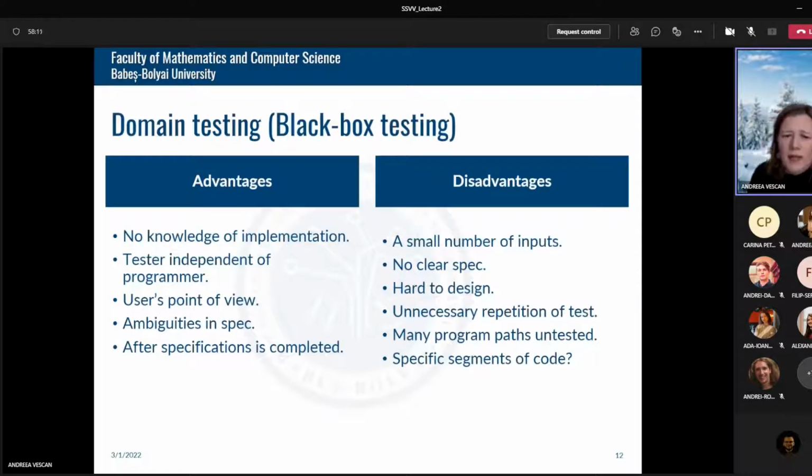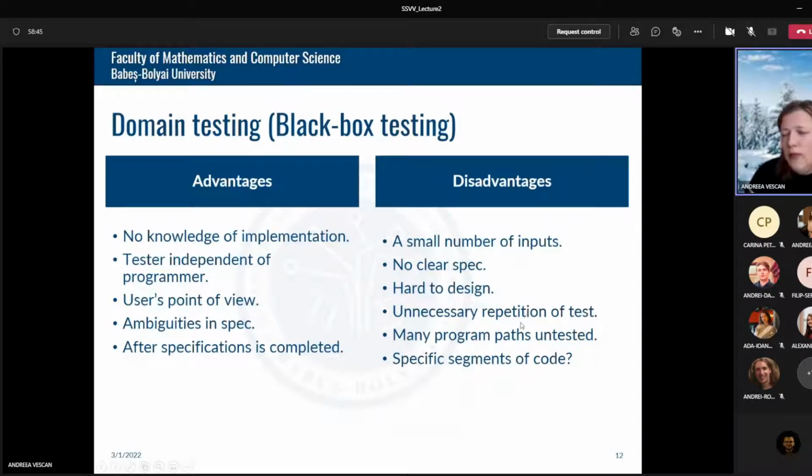As a disadvantage, only a small number of inputs will be designed because of the equivalence class partitioning. You may not have a clear specification, which will sometimes make it very difficult to design tests. And we could also have some unnecessary repetition of tests. The most important disadvantage is that we don't know which path of the program is actually being tested, because we don't have the relation with the implementation yet.